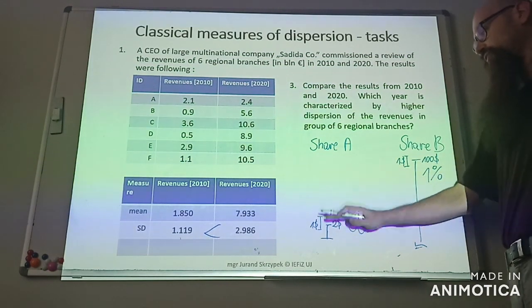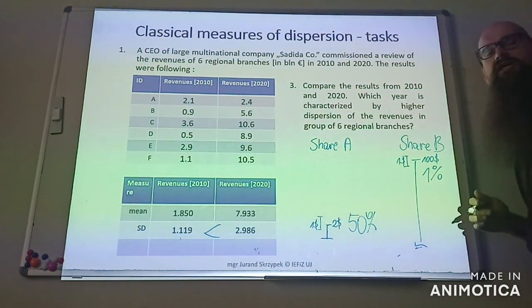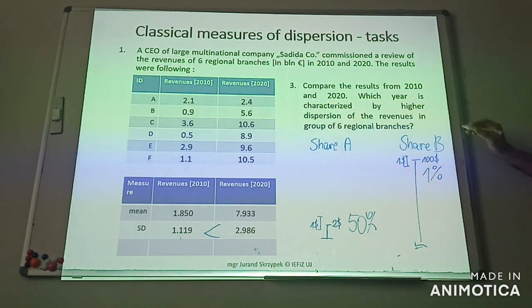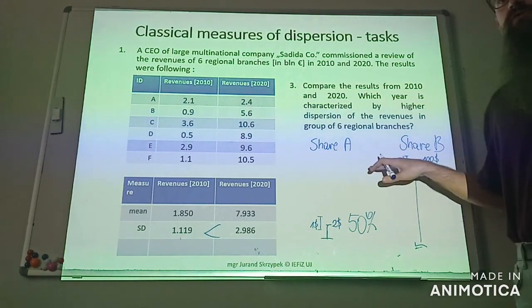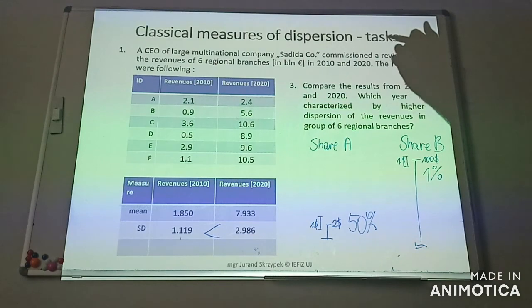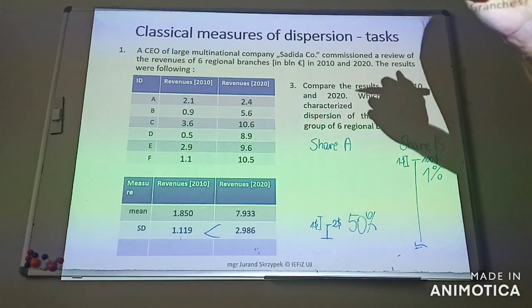So here we are talking about much higher risk, if you look at share A, than the risk connected with the trade of share B. So it is why we need to learn more about relative measures.